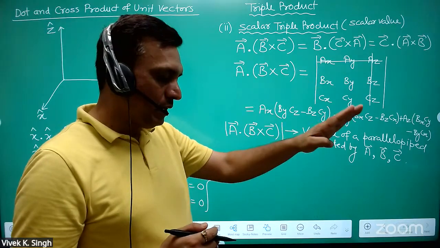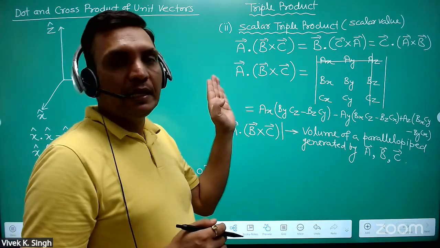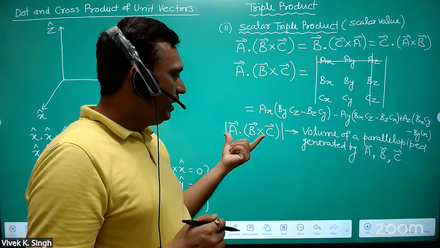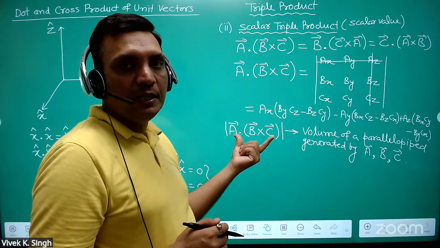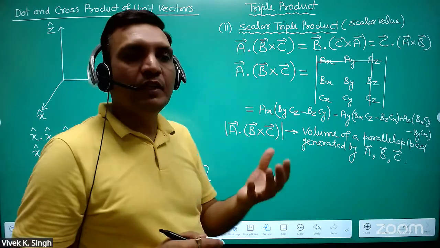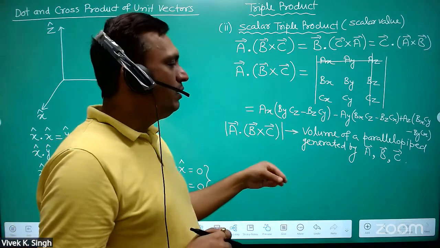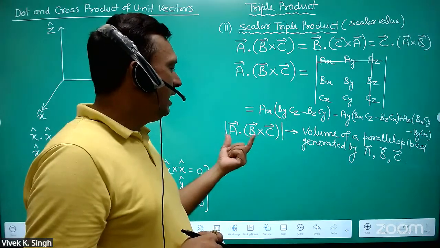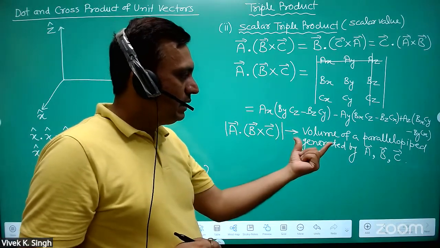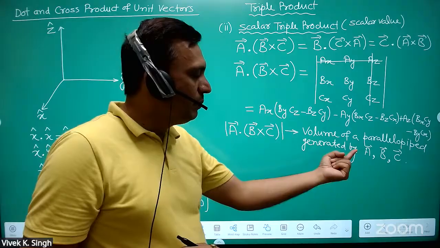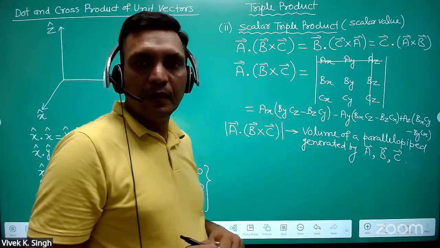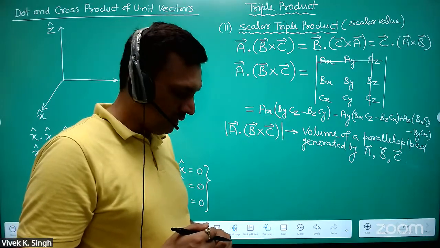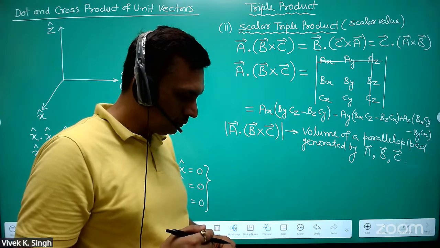So you have to take the projection of A along the n cap direction. So in general, it is A dot B cross C. Even if it's a cube, that will give you the volume of a cube. Or even if you have a parallelopiped, just find the mod of A dot B cross C, and the sides are given by A, B, and C. Okay? Is it clear? Yes, sir.